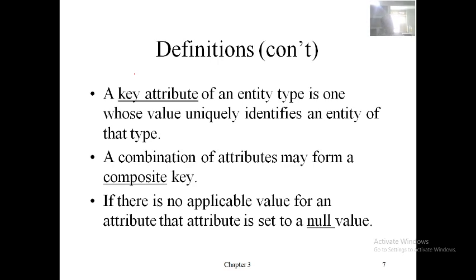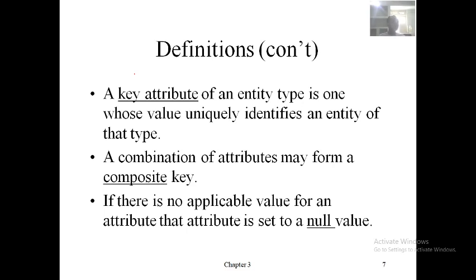In the previous labs, we discussed key attributes, like a primary key, foreign key. Some entities will have key attributes. A key attribute of an entity type is one whose value uniquely identifies an entity of that type.